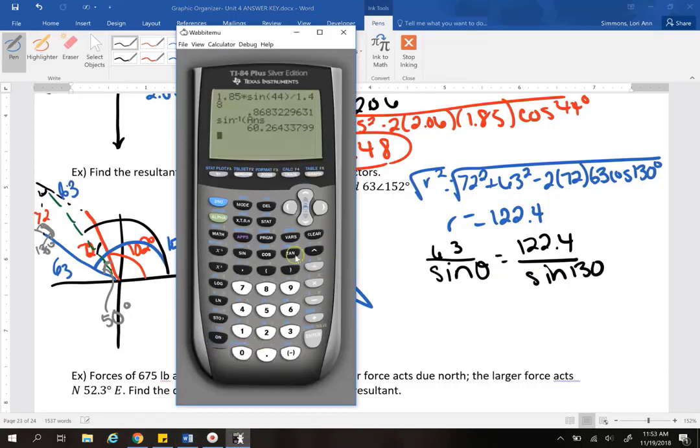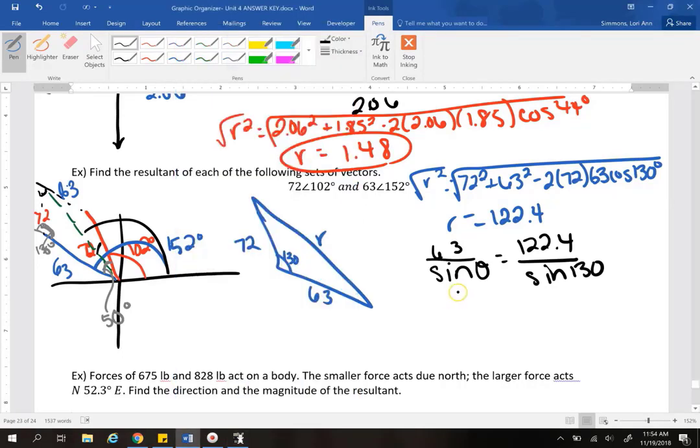Cross multiply: 63 times the sine of 130, divided by 122.4, and then take sine inverse. We get 23.2.